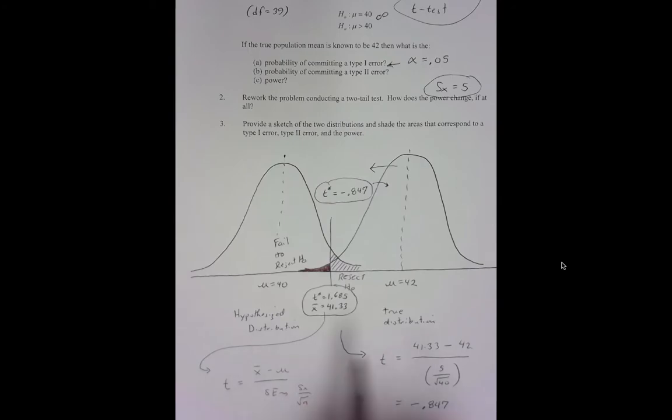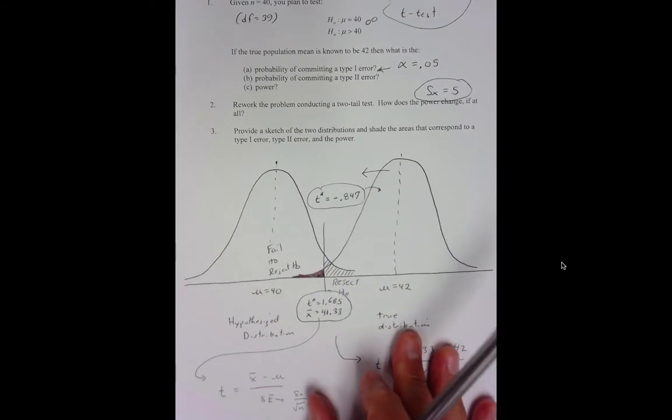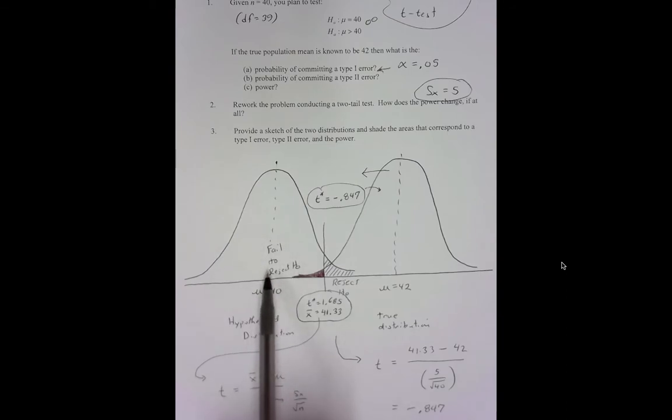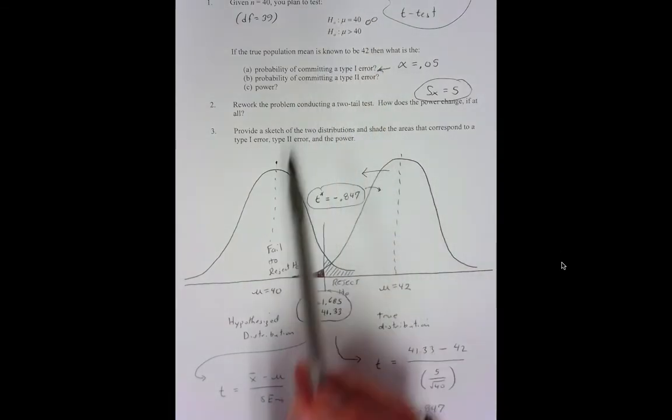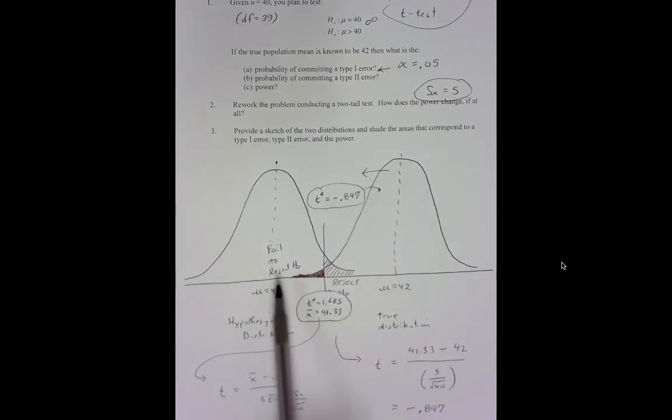Now, first of all, why isn't it all this other stuff? We're testing this distribution right here. We think we're drawing our sample from this distribution, and we're going to fail to reject the mean of 40 if we get something close to 40.